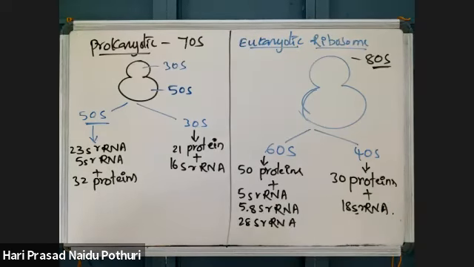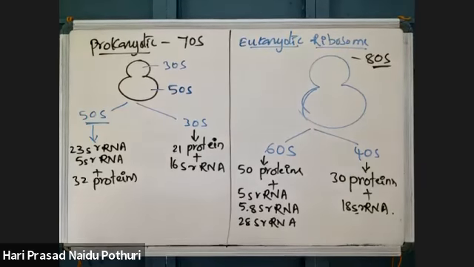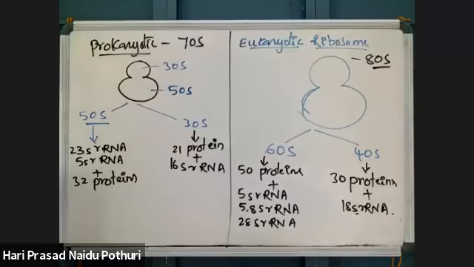Then structure of ribosomes also complete. WPT portion completed. We'll see. From these questions, from these portions, if I am able to make 30 questions, then I will say okay.